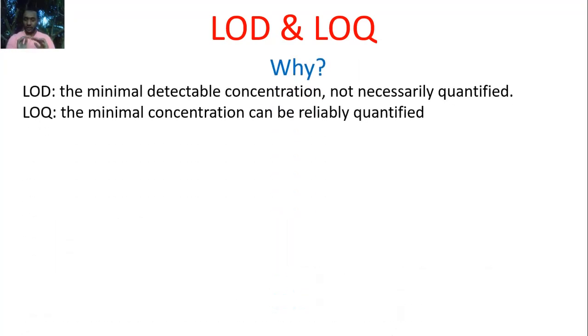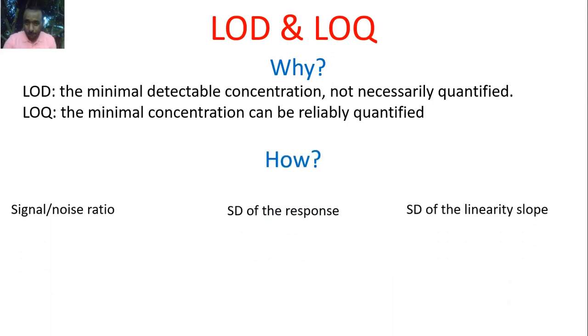After determination of precision, we go for other important parameters, which are LOD and LOQ. These are the minimum concentration of your analyte that can be detected and quantified. Detected is LOD, and quantified with acceptable accuracy and precision is LOQ. How to do that?